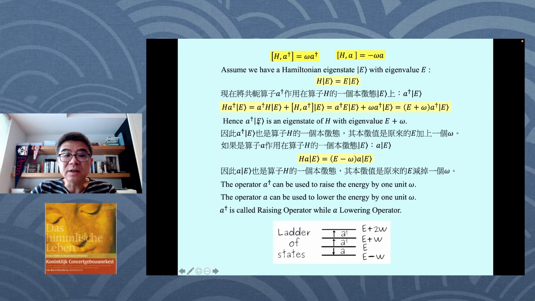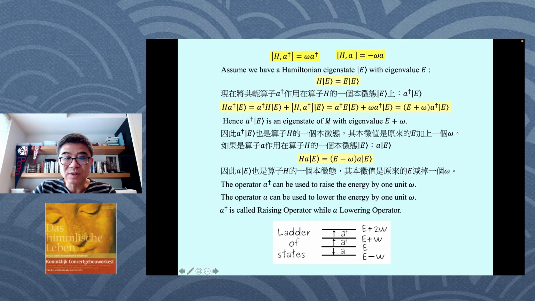Therefore, this A dagger E is an eigenstate of H with eigenvalue E plus omega. Remember, E is the eigenstate with eigenvalue E, so A dagger raises the eigenvalue by omega. That's the result I have been advertising. So the operator A dagger can be used to raise the energy by 1 unit omega. Proven.